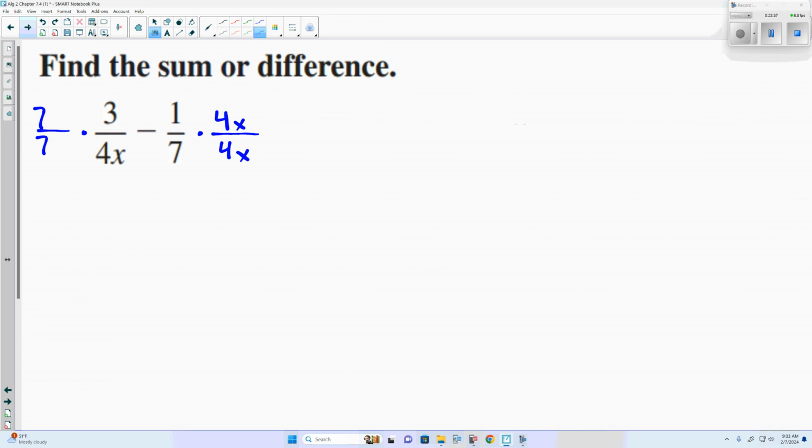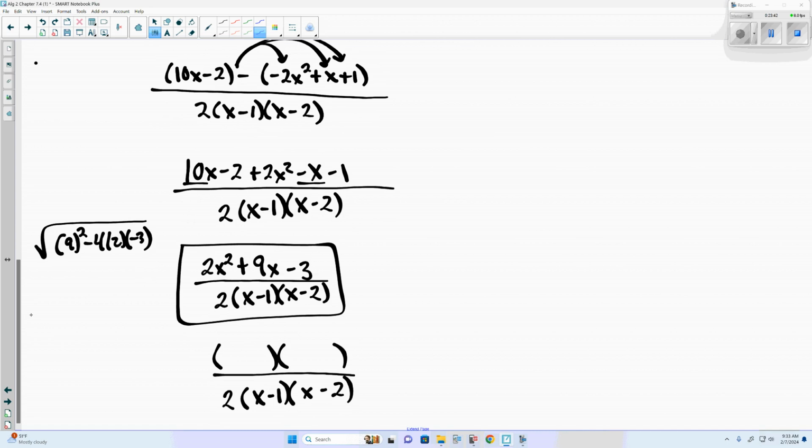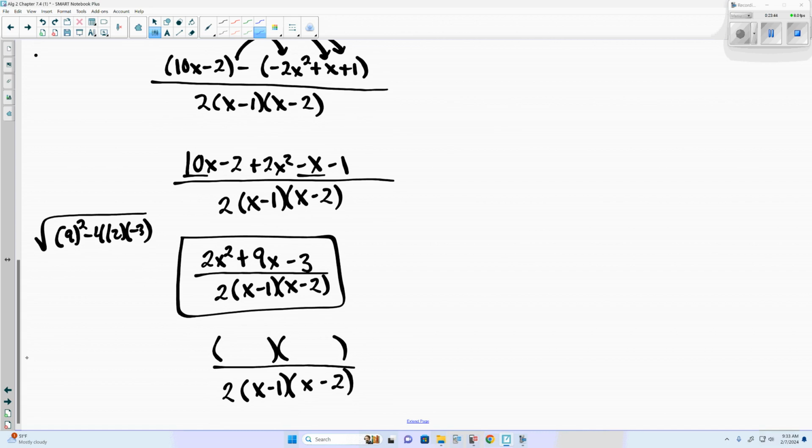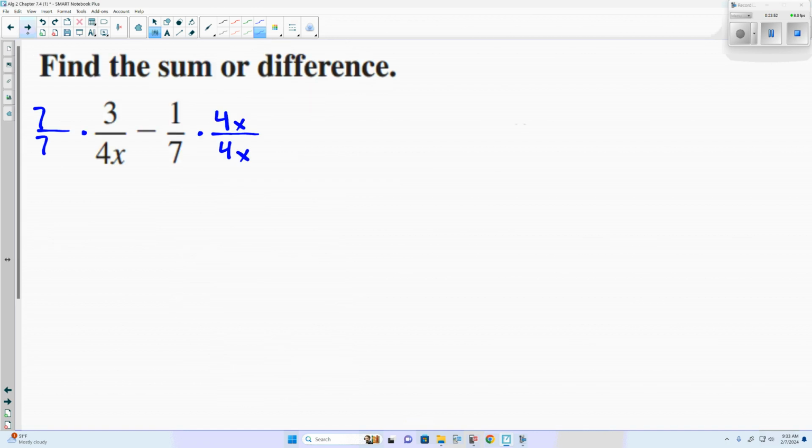And it's going to make things harder. Because instead of having a quadratic, x squared, we'd have a cubic. We'd have that extra x minus 2 on top and bottom. That has to come back out. That's why we try to find this least common denominator. Does that kind of make sense?